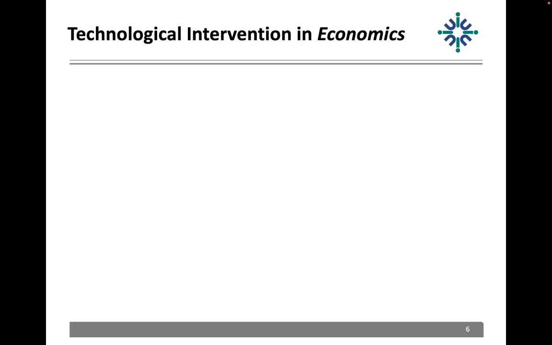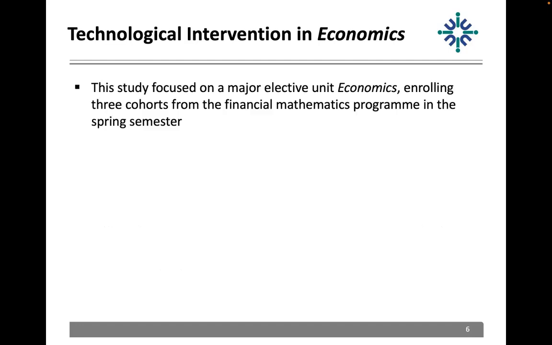So here's an example for the selected unit, economics. So let's take a look at this one. This study focused on a major elective unit, economics, and this course enrolls three cohorts from the financial mathematics program in the spring semester.